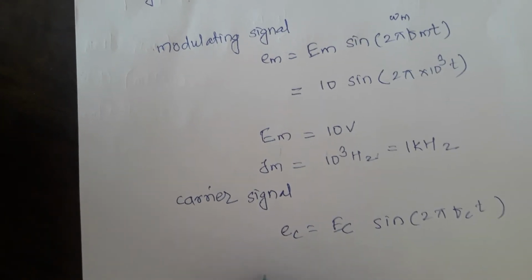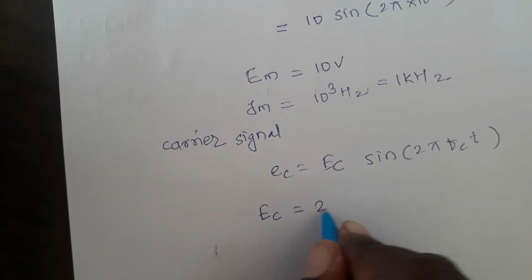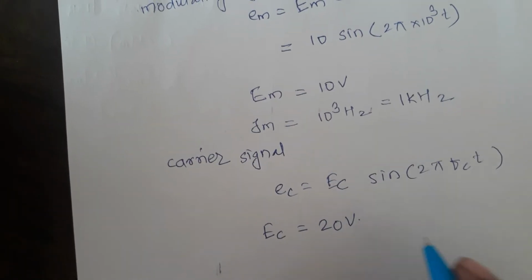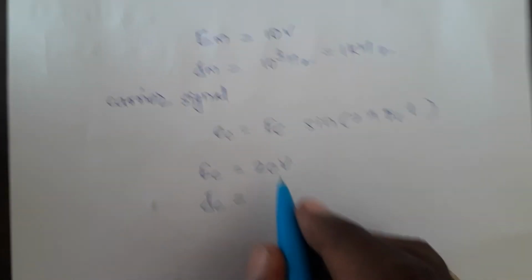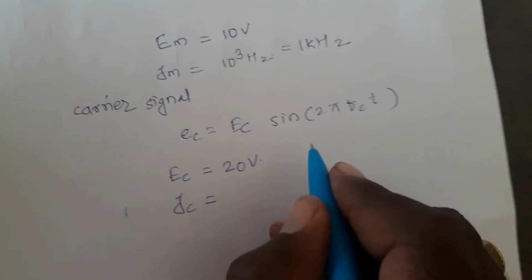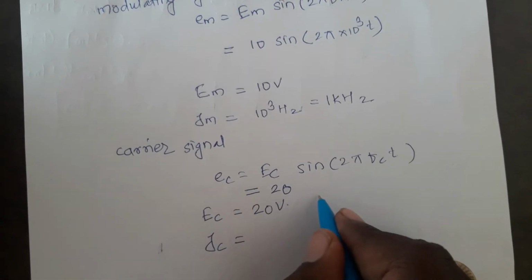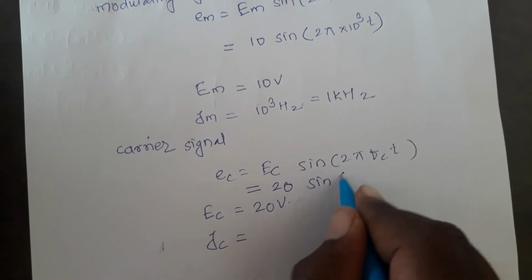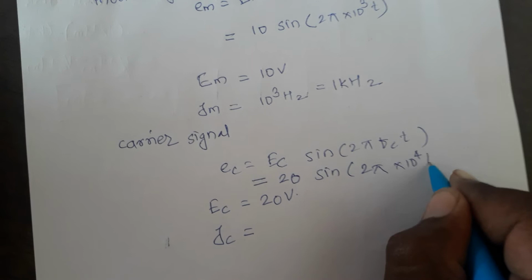Therefore what we observe is that capital EC is equal to 20 volt and Fc is 10 raised to 4 hertz, because the equation given is 20 sine 2 pi into 10 raised to 4 t.